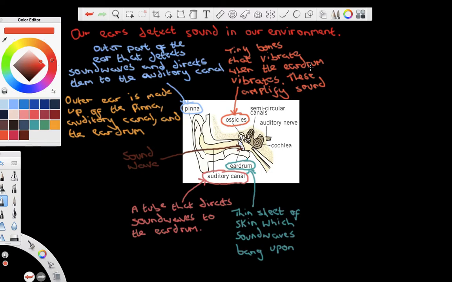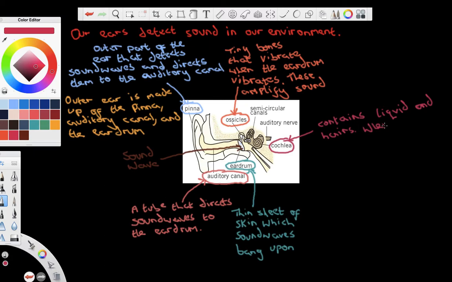So we can say that the cochlea, which colour haven't we used that we could use? Try this one. So the cochlea contains liquid and hairs, full stop.